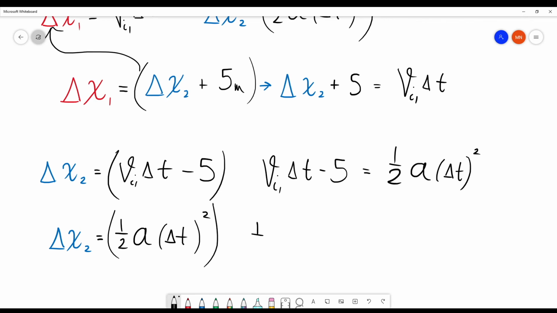So I have 1/2 a times delta t squared. This has moved over here, so I'm going to subtract the initial velocity of cart 1 times delta t, and I add 5. So subtract 5 from both sides, or rather add 5 to both sides, and we get minus 5 plus 5, 0, plus 5, and this is just equal to 0.